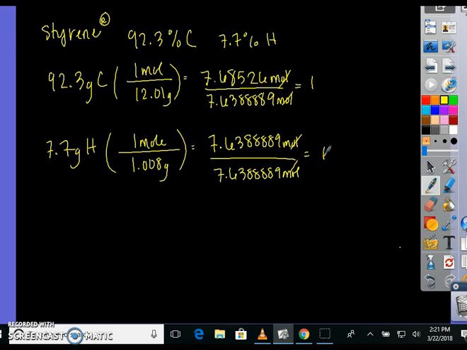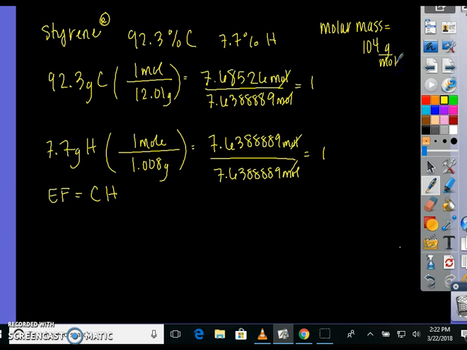So the empirical formula, and I'm going to call it the EF, equals CH. Okay? So this is a 1-to-1 ratio. I mean, clearly, this is not the molecular formula. Well, the problem goes on to tell me that the molar mass is 104 grams per mole.